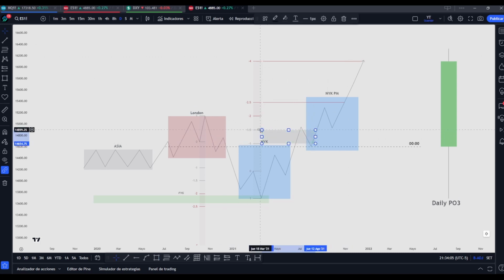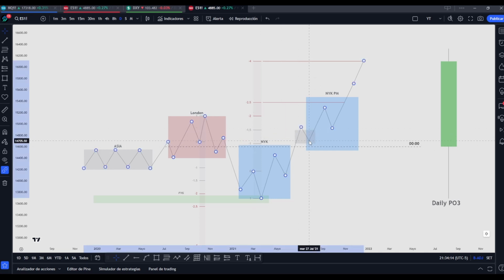Searching some fair value gap, OTE, buy stops, whatever. You can have an entry here. That's just for pure education and explanation. Let's just make it a bit more perfect. So we have here our entry.